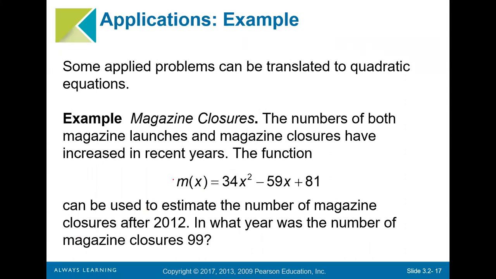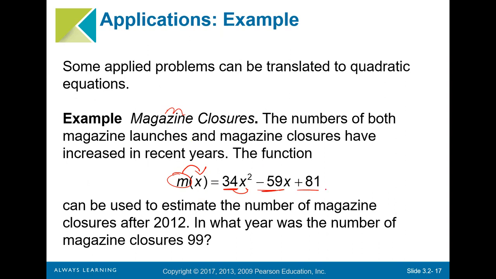The function, so they use the little m. They're calling this function little m here, which is good because magazines is m, and it's with respect to x. They told you that we have 34x squared minus 59x plus 81.